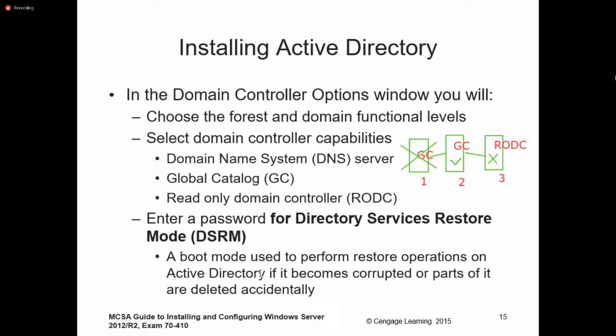So if there's a corruption, sometimes it might get copied to the other servers also. So it's better to have an offline kind of backup of this Active Directory, right? So that if something like that happens, you have some kind of working version to restore, right?